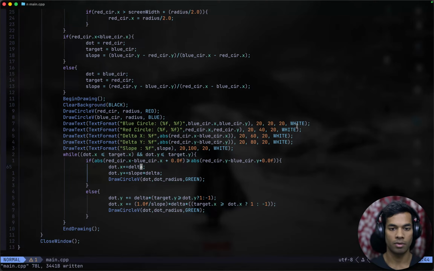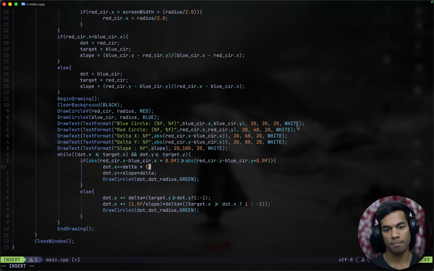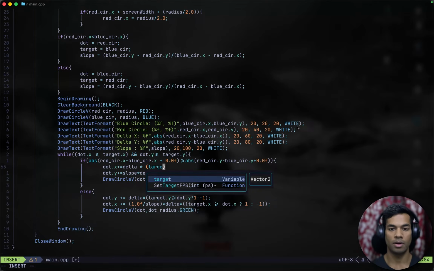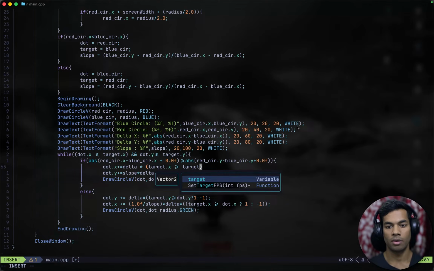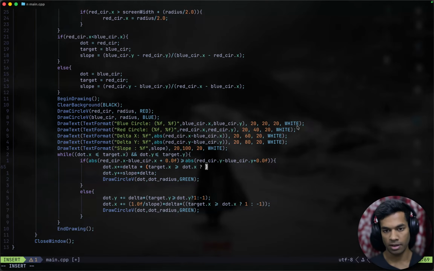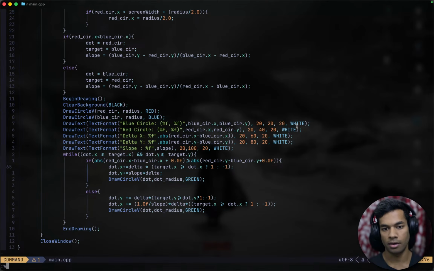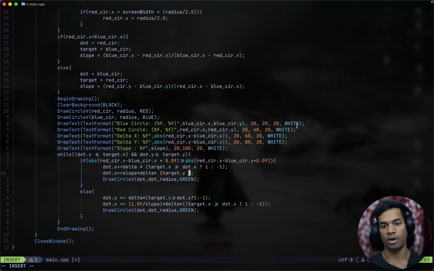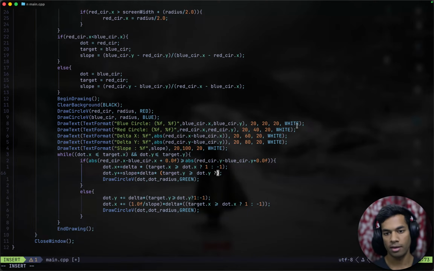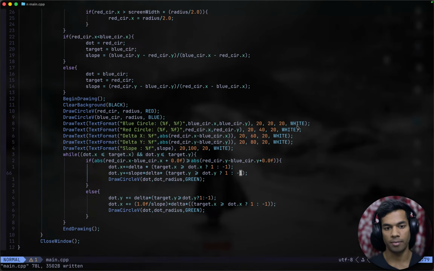Multiply by, if target dot x is greater than or equal to dot x, the place where we currently are, then we will increment, otherwise we will decrement. And here multiply by, if target dot y is greater than or equal to dot y, then we will increment, otherwise we will decrement.